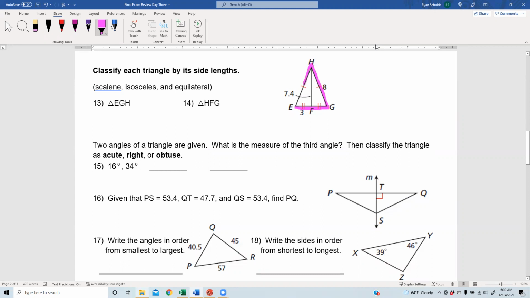These 2 tick marks right here mean that that side's 8. These 2 mean that this is 3, so together this side is 6. So my sides of this triangle are 8, 8, and 6. 2 sides are the same, which means this one is isosceles.